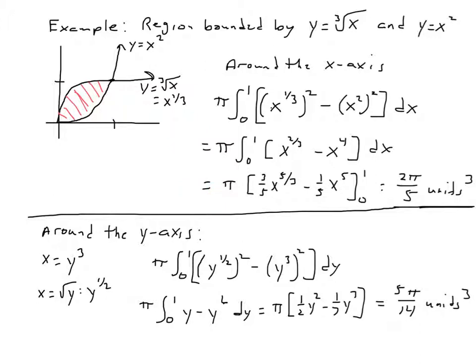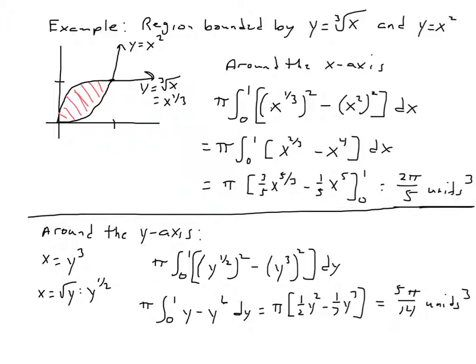So that's pi times 3/5 x to the 5/3 minus 1/5 x to the 5th, going from 0 to 1. When I actually evaluate that, it will come out to be 2 pi over 5 cubic units.